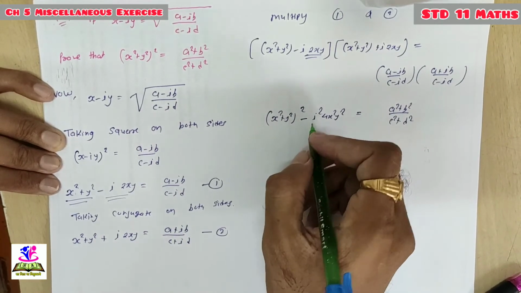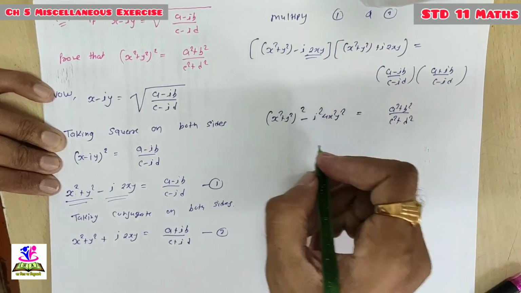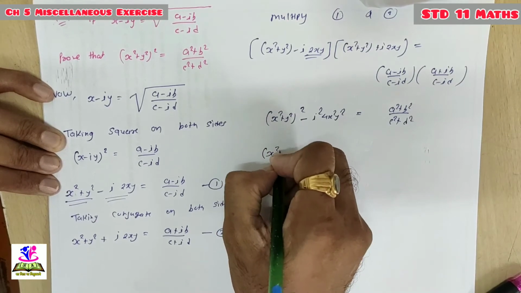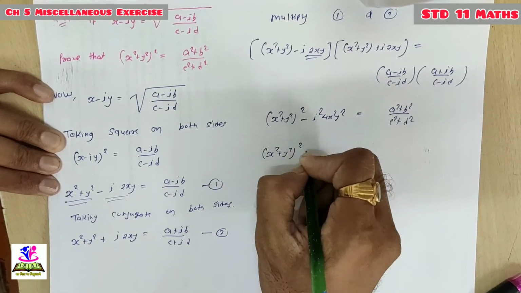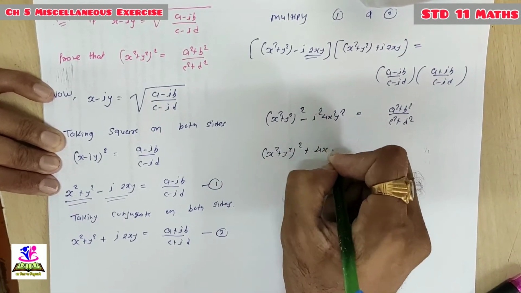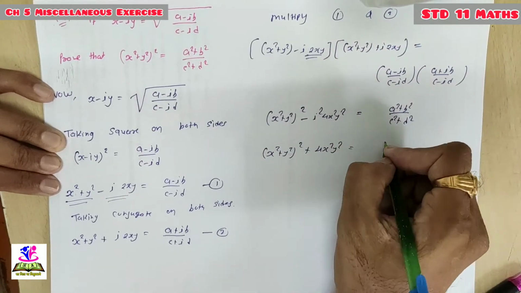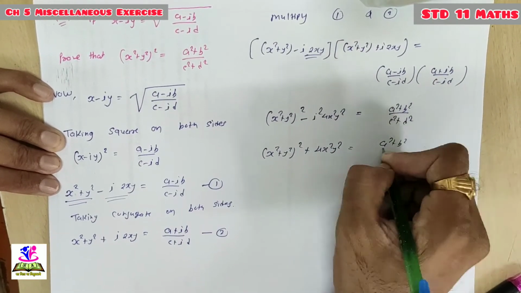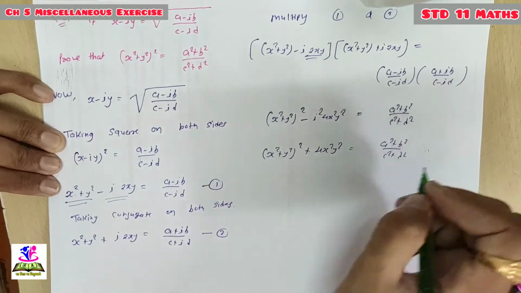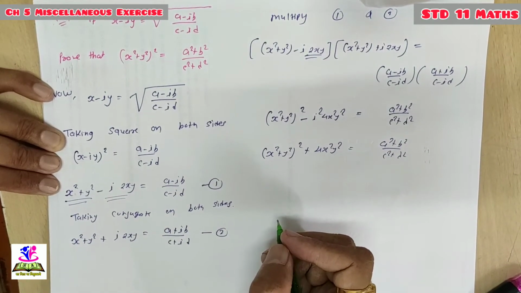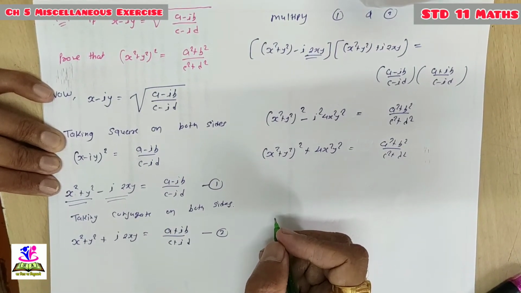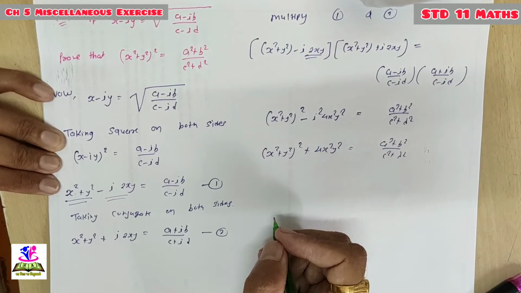Done. So here minus i square is plus 1, so again this is (x square plus y square) whole square plus 4x square y square equal to (a square plus b square) upon (c square plus d square).